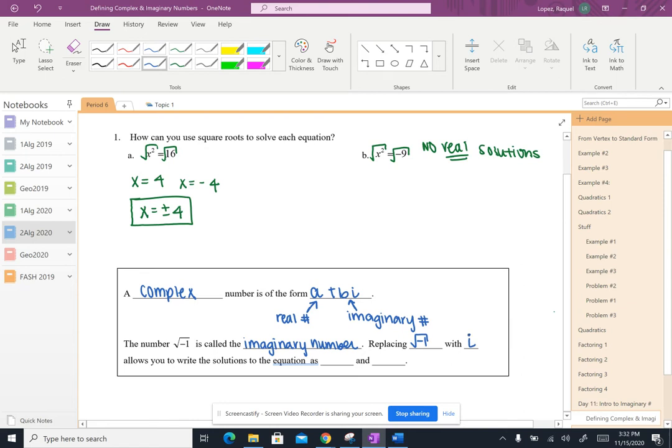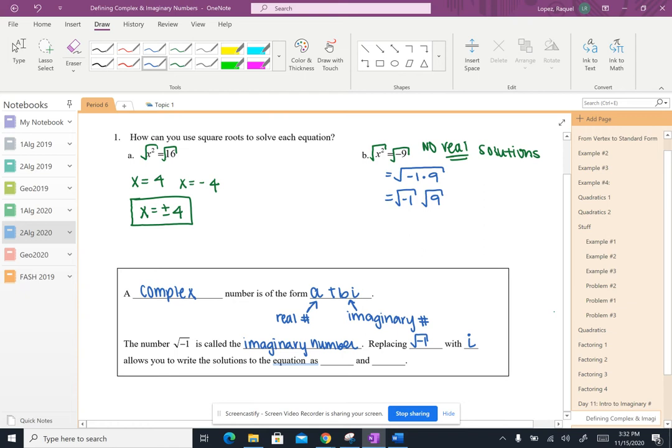So now let's go ahead and take a look at part B again. So now I can take the square root of negative 9 and rewrite this as the square root of negative 1 times 9. Because that would mean that my first line and second line are equivalent. In my third line, I can go ahead and separate that square root and write it as two different ones.